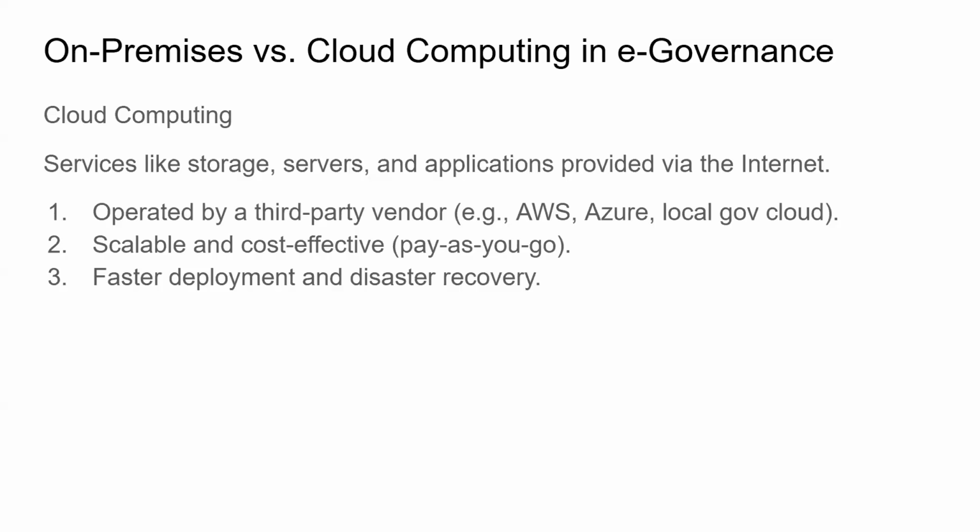Now consider, instead of maintaining these servers, we hire servers from one of the cloud computing providers, and then we install our examination system in their servers, right? Normally we buy a very small server, right? A small server.